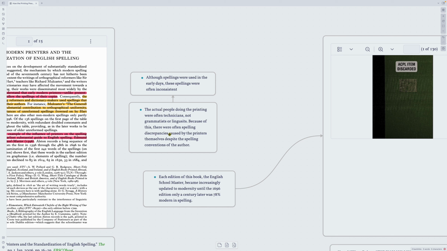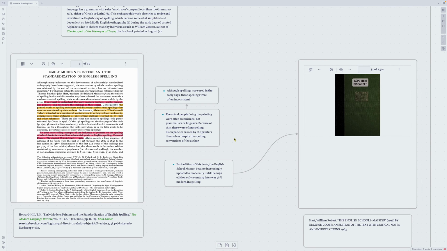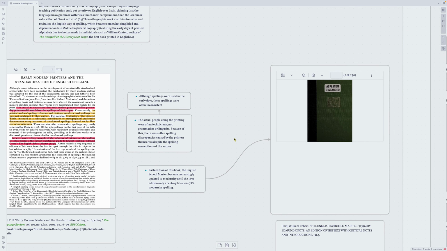And so oftentimes you would have authors having books that were being put out that had unwarranted, unapproved spellings of things, despite having defined those spellings in the very same book. And this isn't hypocrisy, it's mostly just an issue of, it's not them that are printing the work.